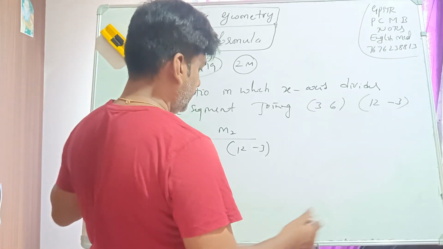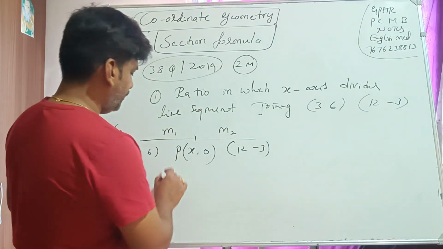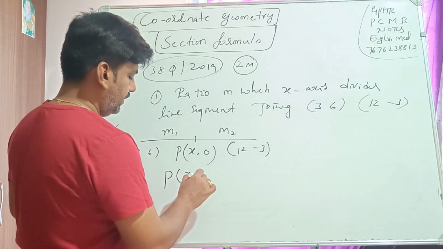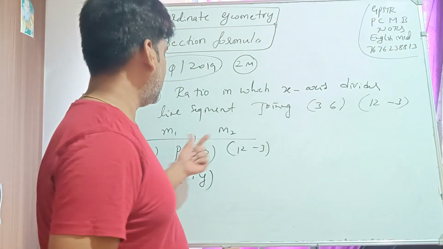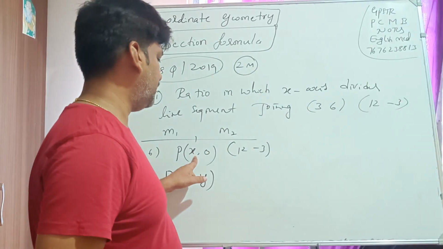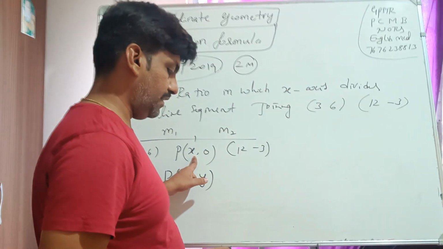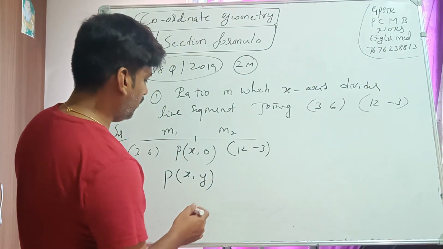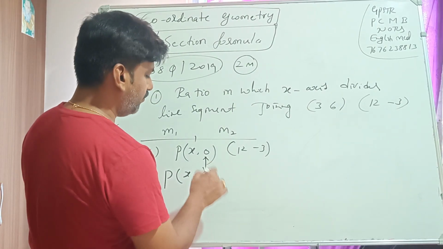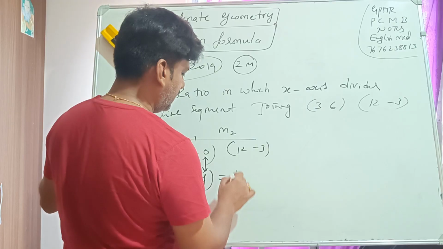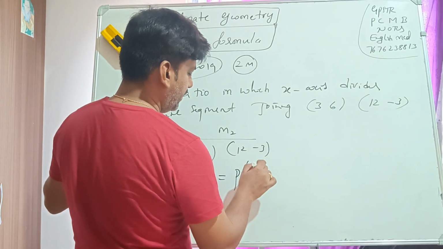So here the point P is x comma y, right? So the ratio in which the x-axis divides the line segment, the value of y is 0. So the value of y is 0 means, what is the section formula we'll be having?